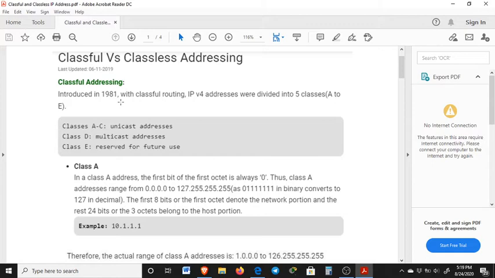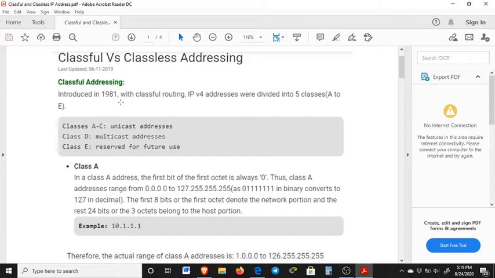But as we are moving on in this world, it's a possibility for us to change to IP version 6, because with IP version 4, the IP addresses are becoming less and less compared to the number of devices being produced around the globe.